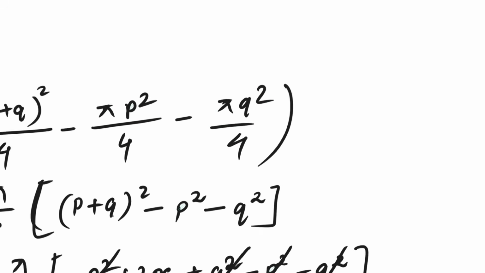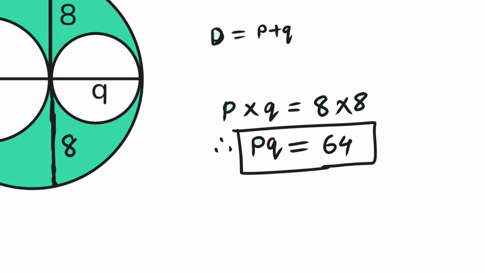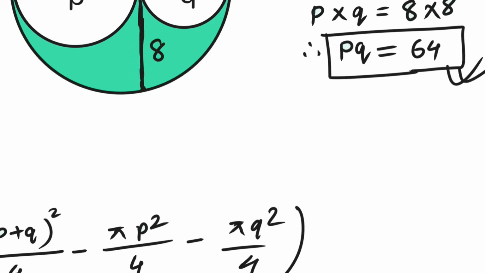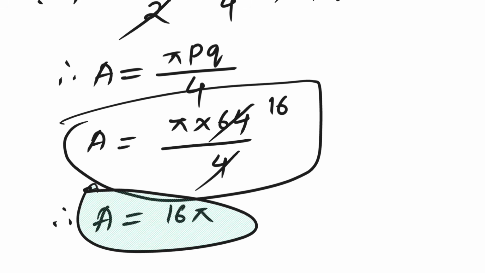Then the intersecting chords theorem gave us pq immediately as 64, and one final substitution gave us 16 pi square units.